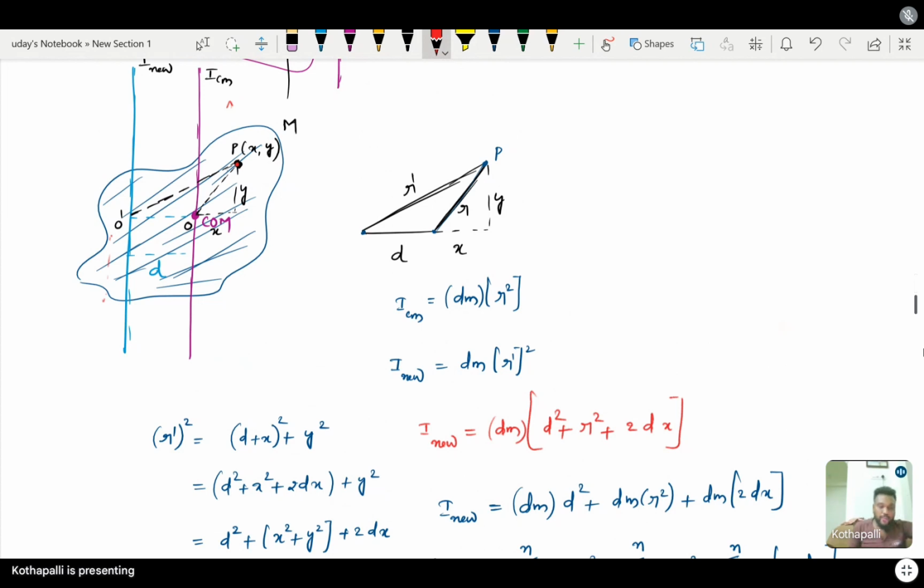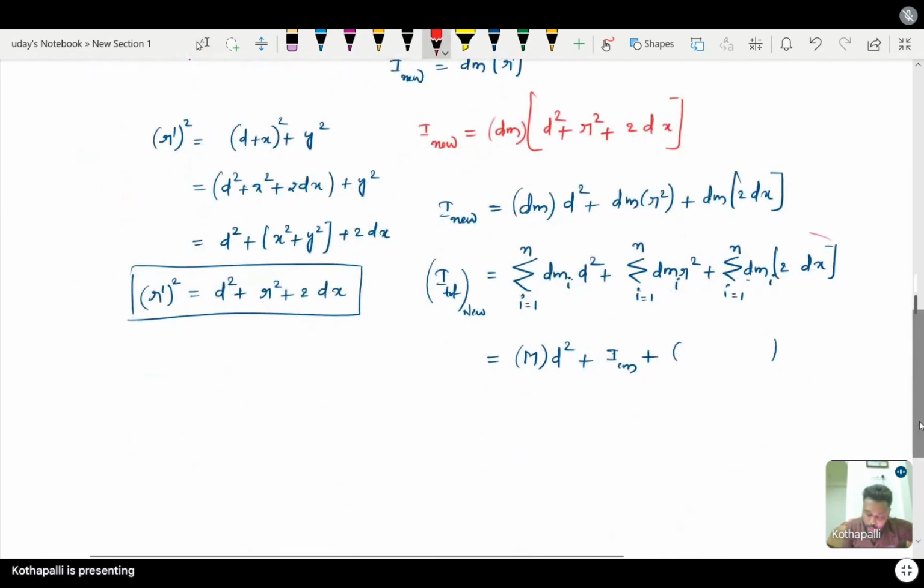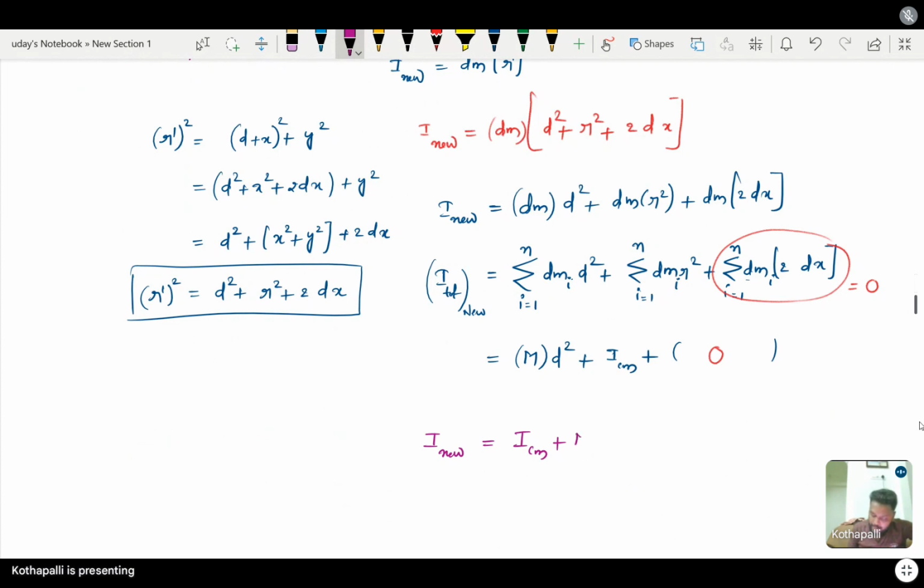Like that, for the overall body, the net moment will be zero. So this part will be zero.